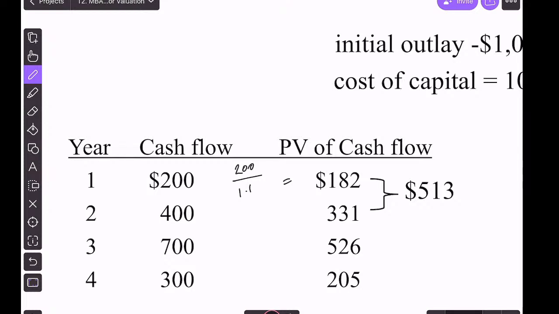So 200 divided by 1.1 gives 182. 400 divided by 1.1 squared gives 331. 700 divided by 1.1 cubed gives 526. Okay? And 300 divided by 1.1 to the fourth gives 205.